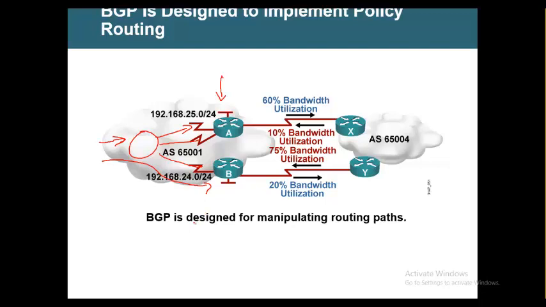Likewise, incoming. When the route update comes in, you need to say 75% of traffic is for XYZ network. So as the update comes in for XYZ, I'll give high preference here.